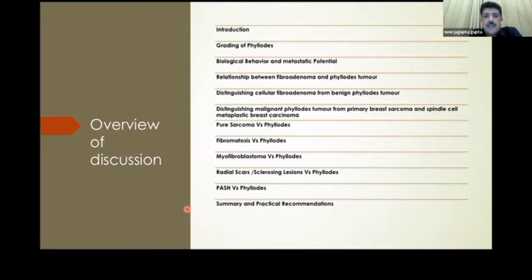A bit of introduction of phyllodes, the grading of phyllodes, the biological behavior and metastatic potential, the relationship between fibroadenoma and phyllodes tumor. That is more of a similarity than the difference.